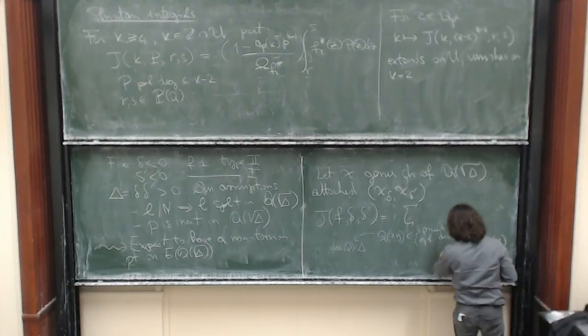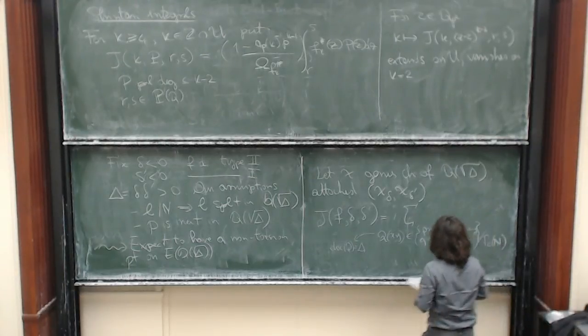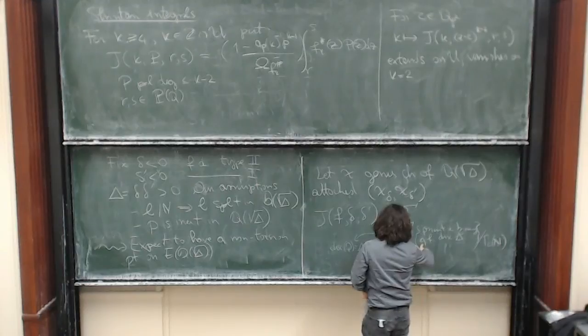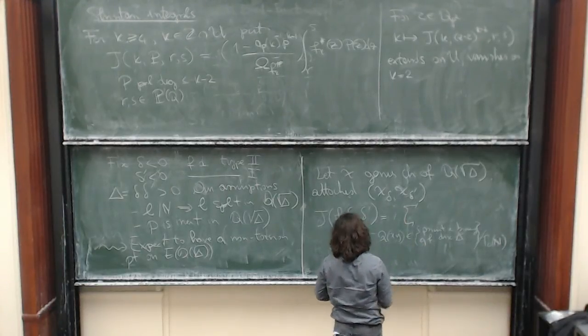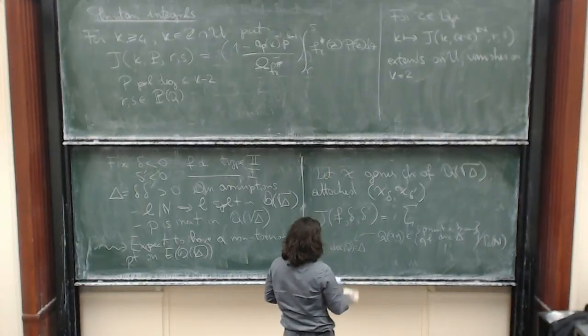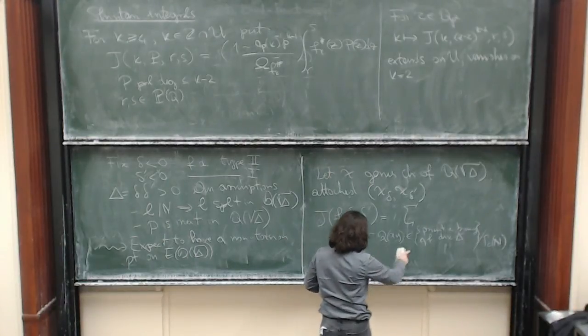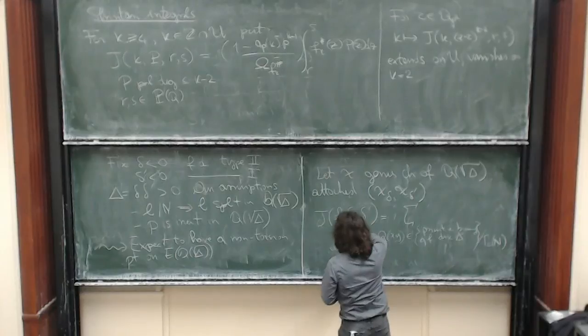So the isomorphism classes of this thing are identified, by class field theory, with the Galois group of the strict Hilbert class field of our quadratic field Q square root of delta.